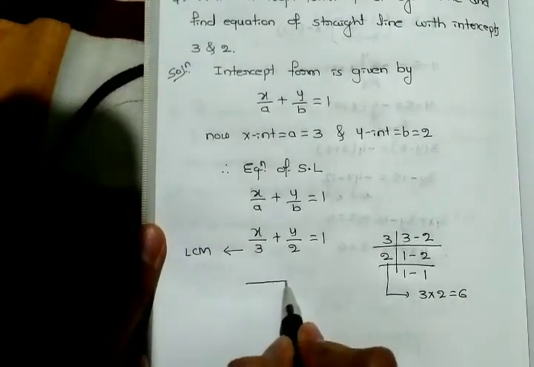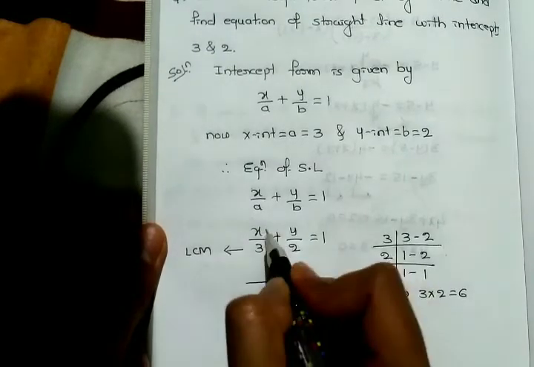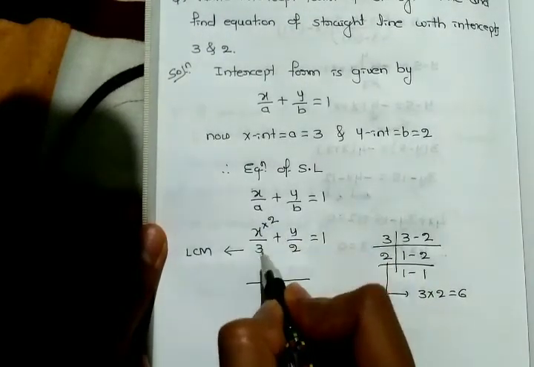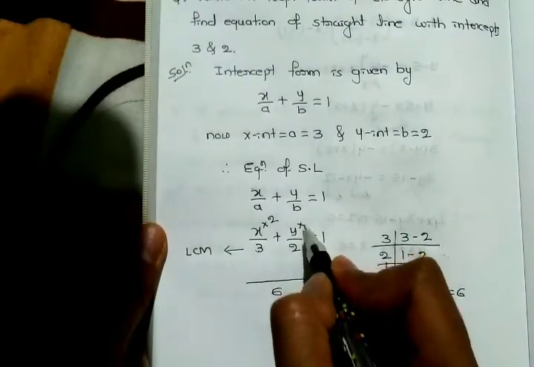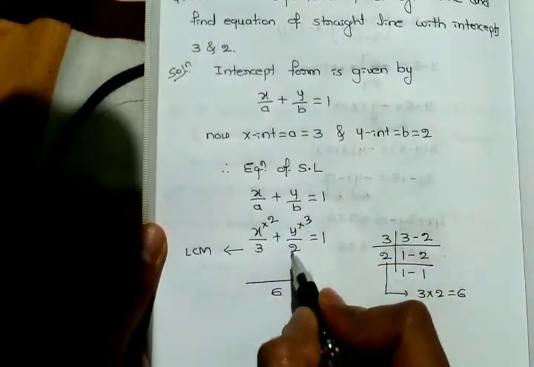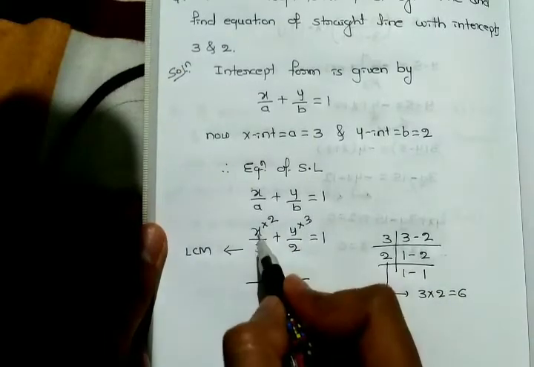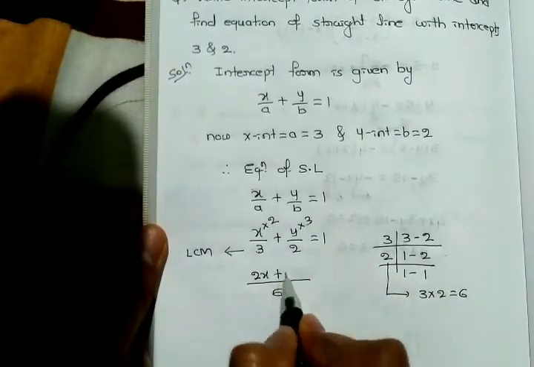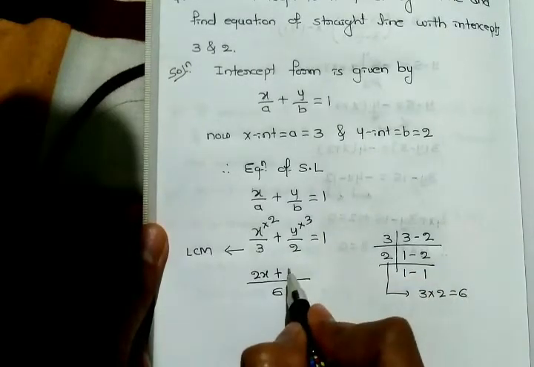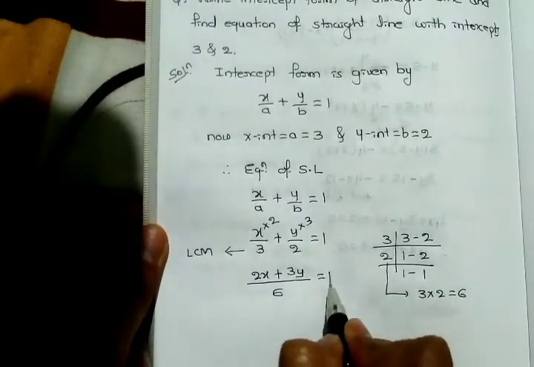Therefore here take the LCM is 6. Multiply here by 2 because 3 into 2 is 6. Here 2 is there, so multiply by 3. 2 into 3 is 6. Next these two you multiply. 2 into x is 2x plus 3 into y is 3y is equals to 1.